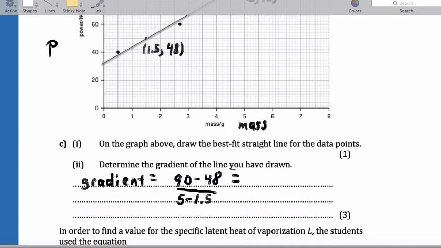And when we actually get that gradient, I'll just do that right now.